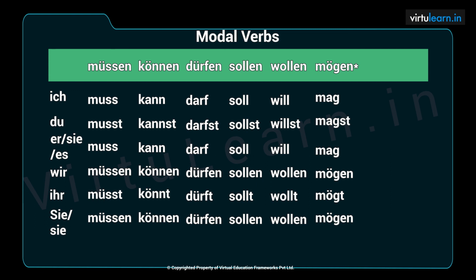The next verb, let us look at the conjugation of the verb möchten. Möchten too has an umlaut, and the umlauts are carried in singular as well as the plural forms. Ich möchte. Du möchtest.